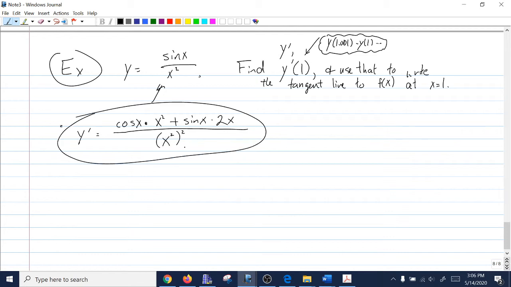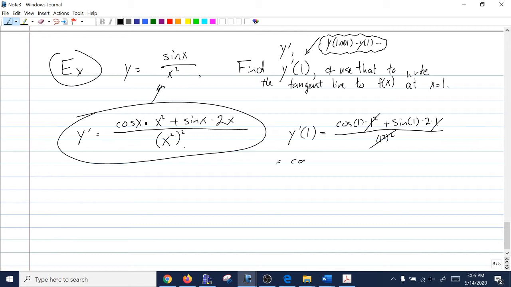There's the derivative. What's y prime of 1? Y prime of 1 is going to be cosine 1 times 1 squared plus sine of 1 times 2 times 1, all over the bottom squared, which is 1 squared squared. 1 squared squared is just 1. Dividing by 1 doesn't do anything. I don't need that bottom. This number is 1. That number is 1.